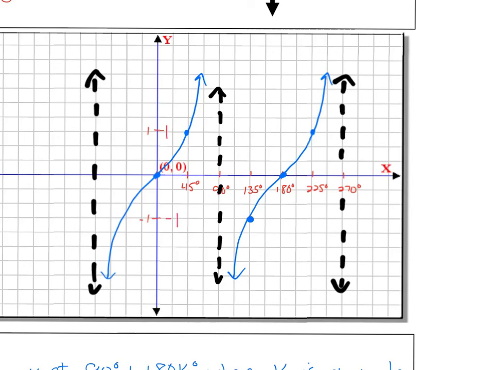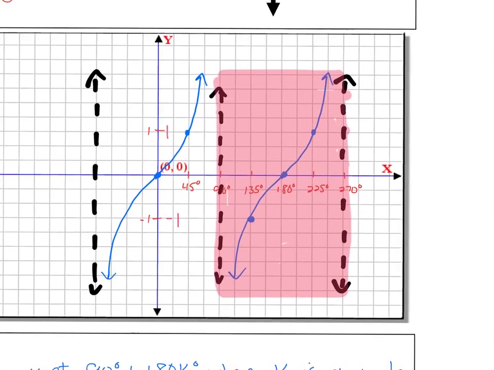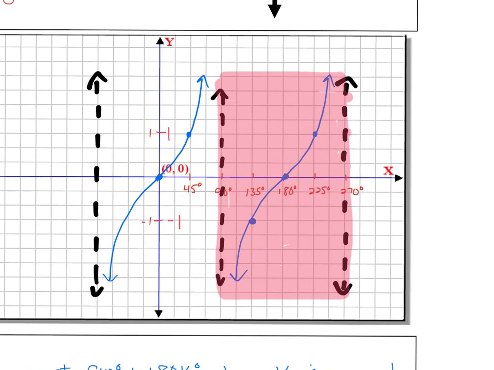So if I were to show you here, let me try to highlight this. What you see in this highlighted area, that is the period for tangent. That's the part that repeats itself over and over again.